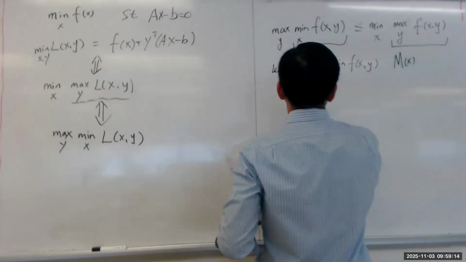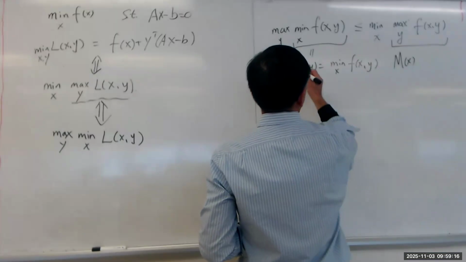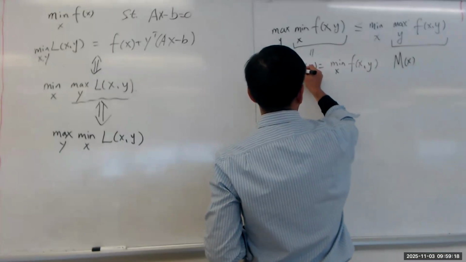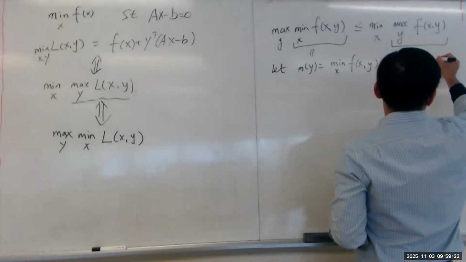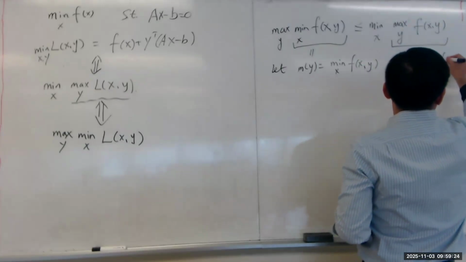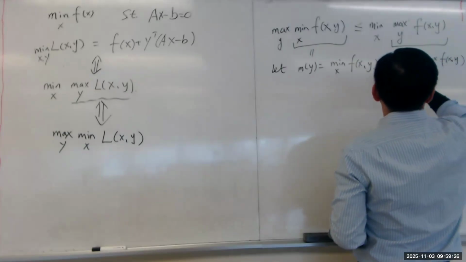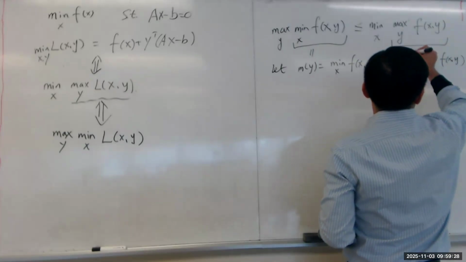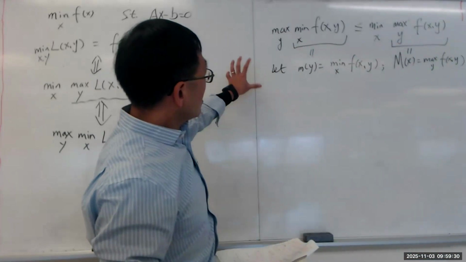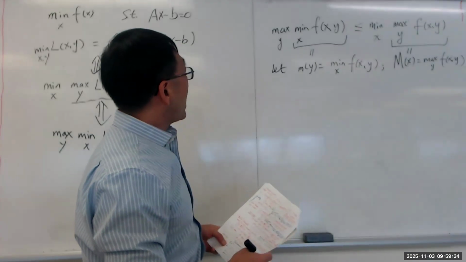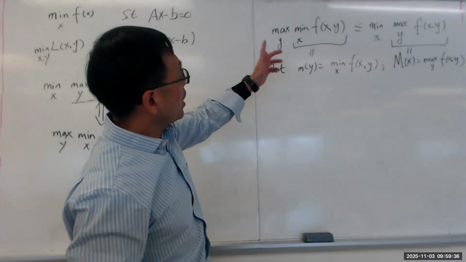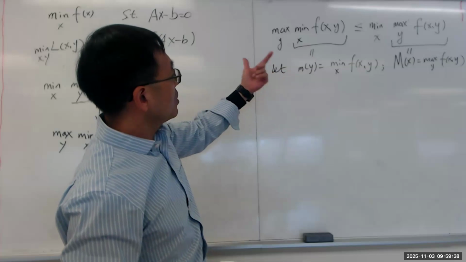This is small m(y), where small means minimal, and bigger M(x) means maximum. This is equal to the maximum over y of f(x, y). Okay, let's make this notation. Now, by definition, it should be infimum and supremum, right?